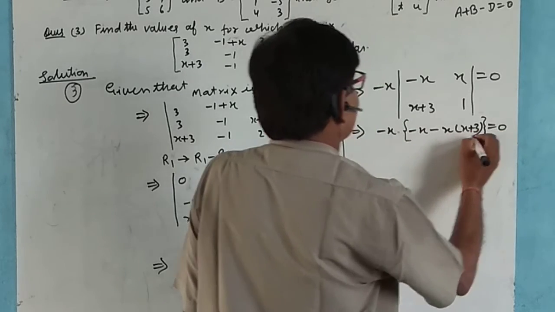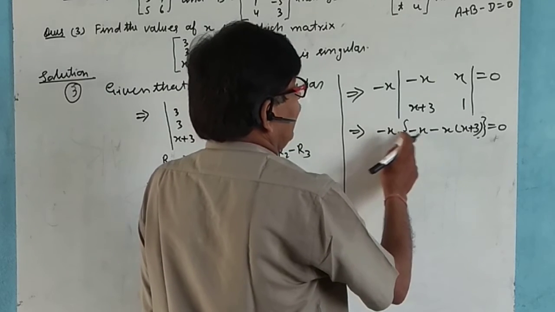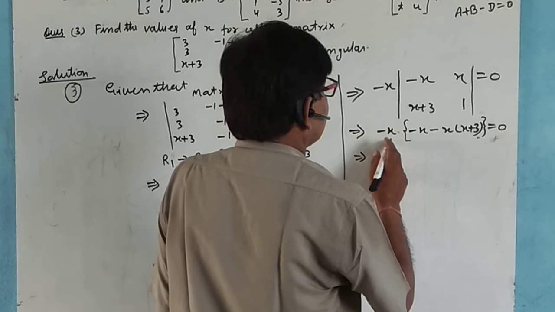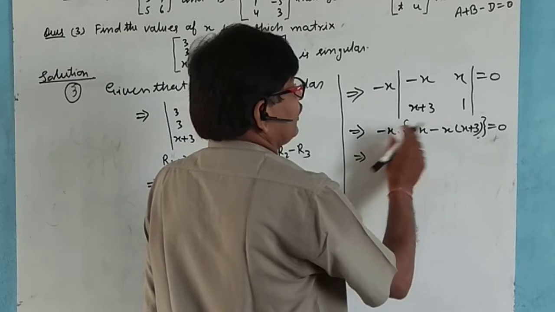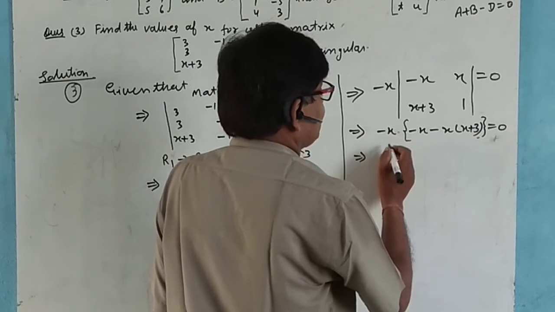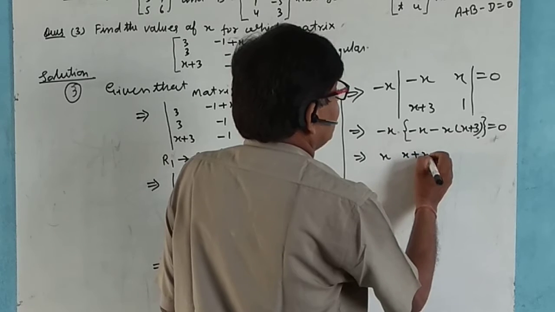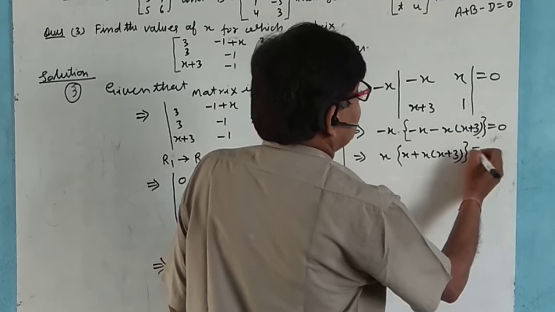Now we take minus common, and minus times minus is plus, so x, and here x plus 3, this is equal to 0.